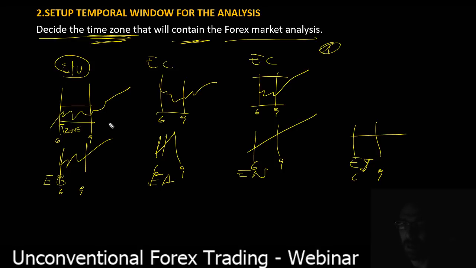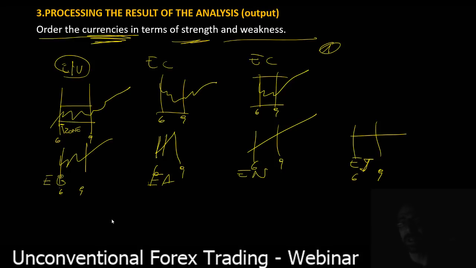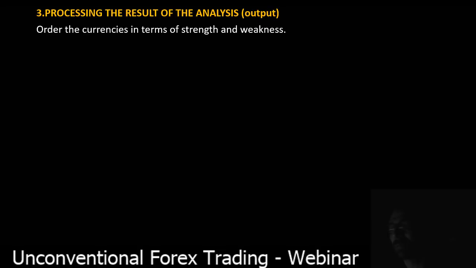Okay, next step. Certain steps I would go into more and others less. This process we partially saw in point 1. Once we have the 8 currencies, we analyze the strong and the weak.